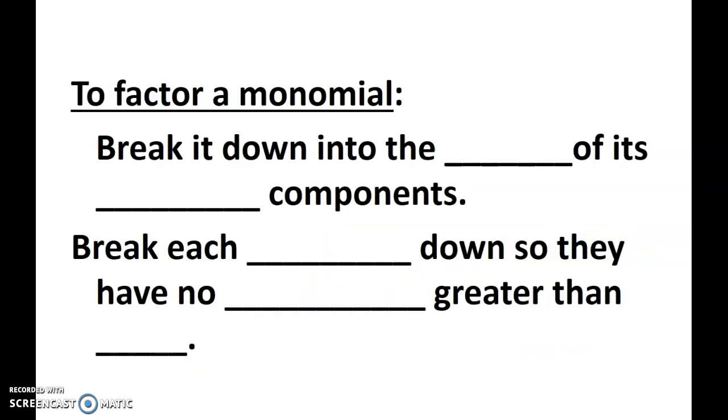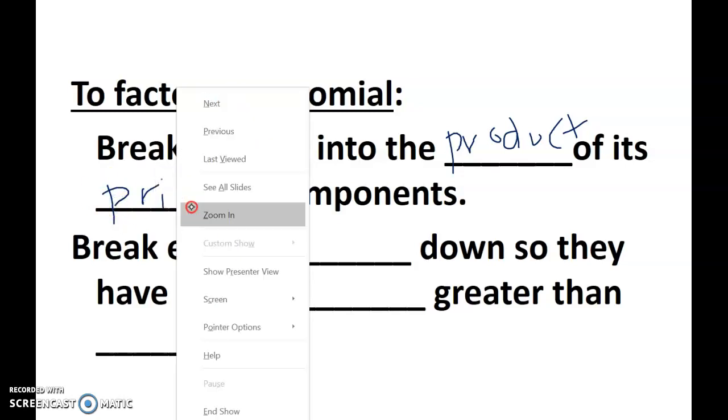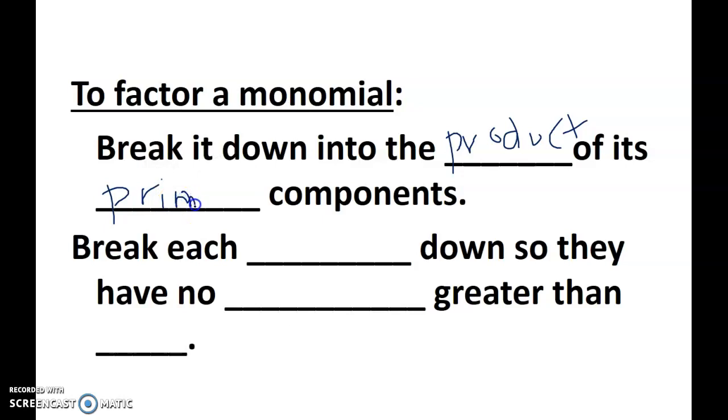All right, to factor a monomial, you're going to break it down into the product of its prime components.